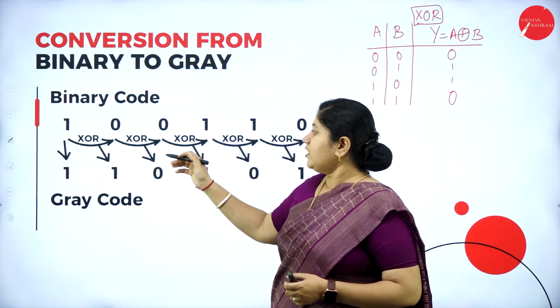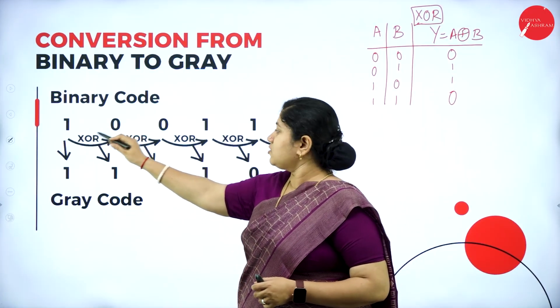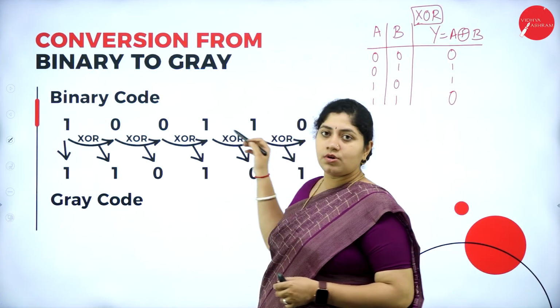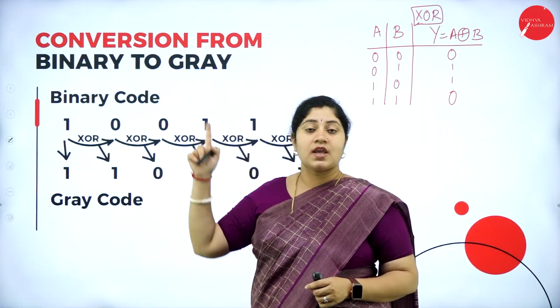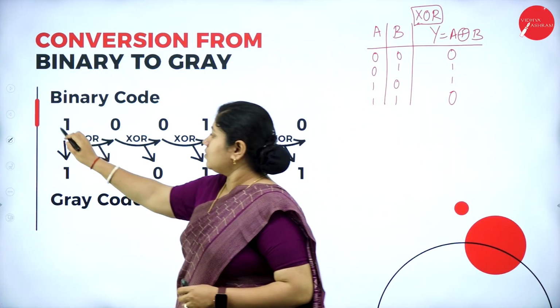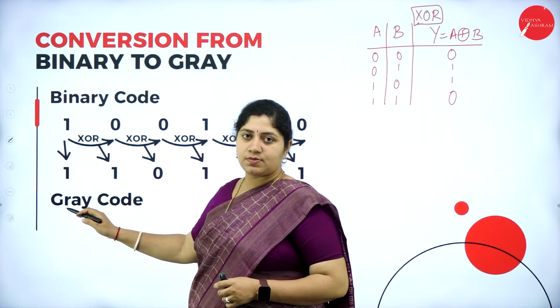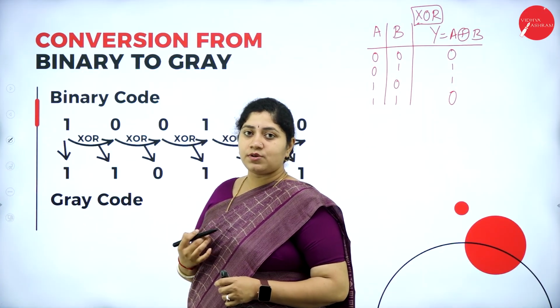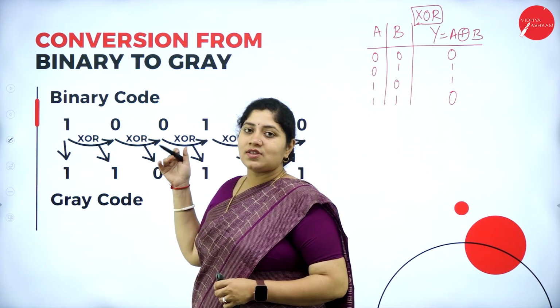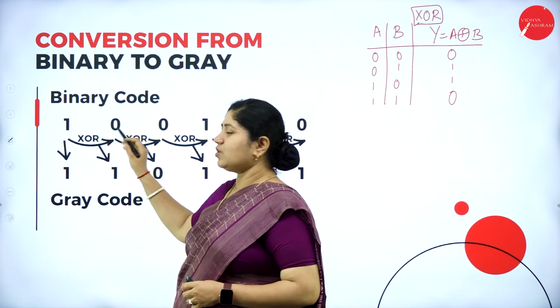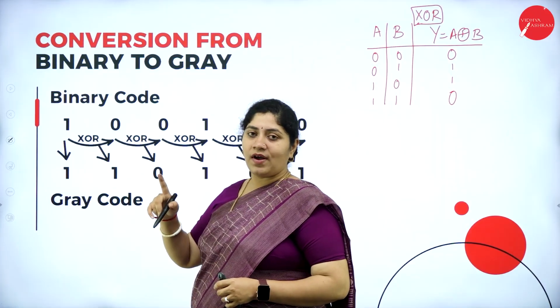Now let's see, we have a provided data that's 100110. How this is calculated is we have to retain the first MSB bit. Okay. So alright, I have retained the first MSB bit. Up next, what we have to do is we have to go on XORing the adjacent values. So 1 XOR 0, it's 1, correct?